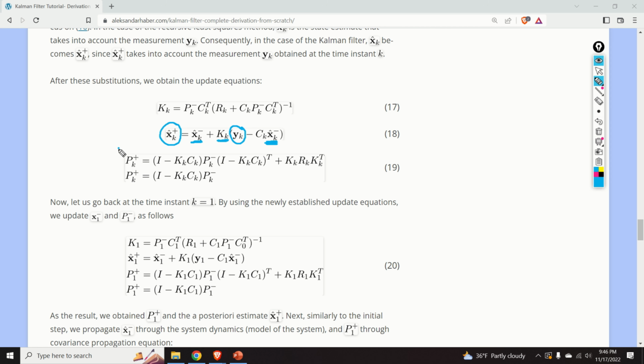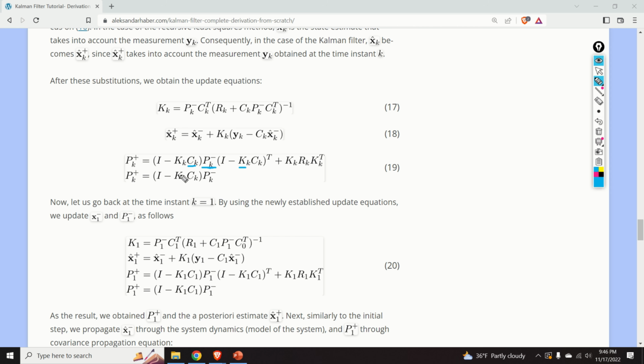And after that, we update the covariance matrix. That is, we compute the a posteriori covariance matrix of the estimation error on the basis of the system dynamics, that is, on the basis of C_k and K_k, the Kalman filter gain, and on the basis of this matrix over here, which is our a priori covariance matrix of the estimation error.